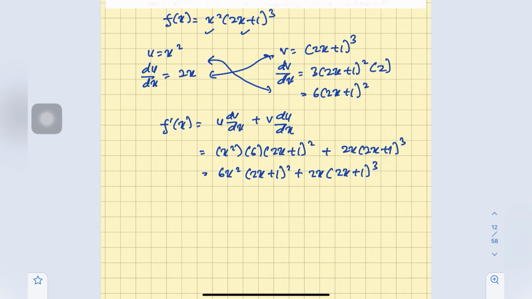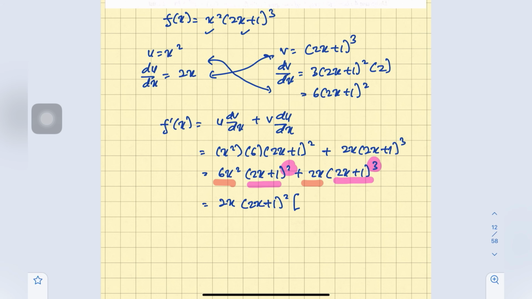Okay, so we need to find the common factor. The common factor for this one, how much x? So 2x, we can factorize 2x. Then for (2x + 1) squared and (2x + 1) cubed, we take the lower power, which is (2x + 1) squared.